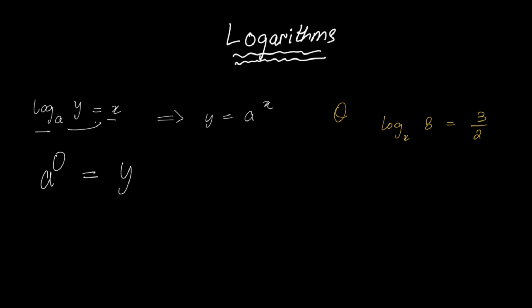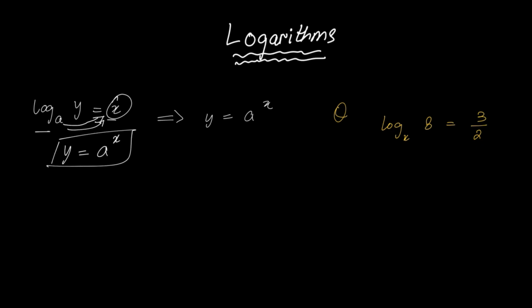So this is what we're basically finding. x is this: a to the power x is equal to y, and you can see that this is reflected here when we write y is equal to a to the power x. A shortcut to remember this is that the power here goes over here and it goes underneath the variable here, and the variable becomes the power over here.